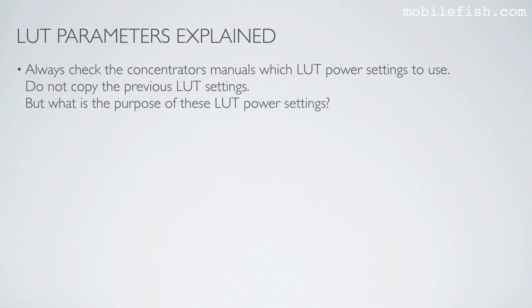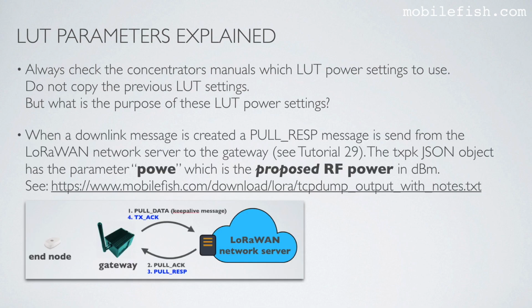But what is the purpose of these lookup table power settings? When a downlink message is created, a pull response message is sent from the LoRaWAN network server to the gateway, as you can see here. More information can be found in tutorial 29. The txpk JSON object has the parameter powe, which is the proposed RF power in dBm.